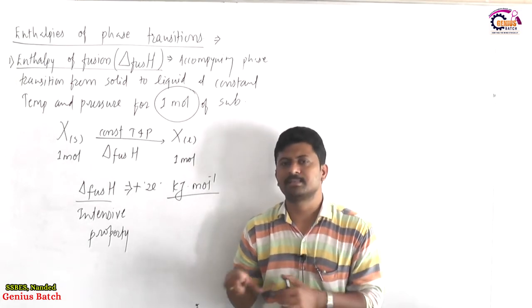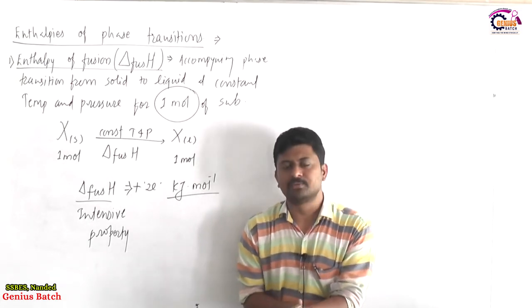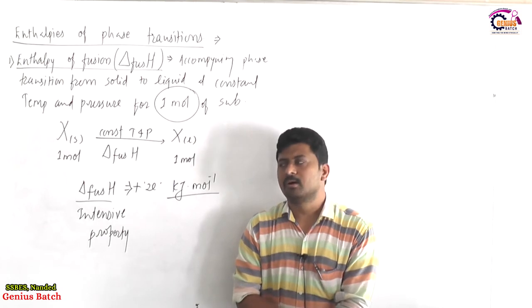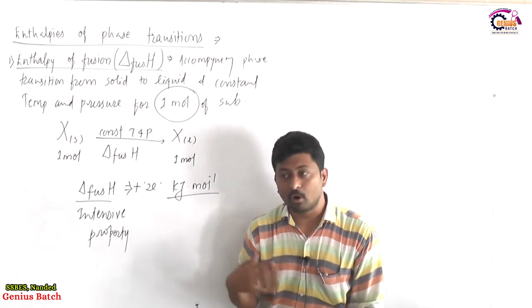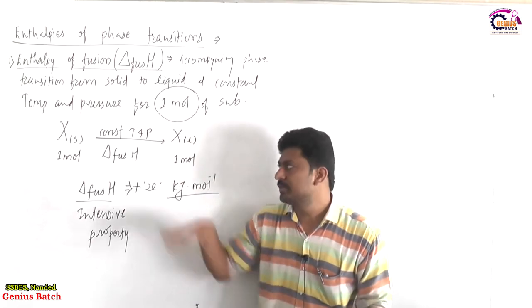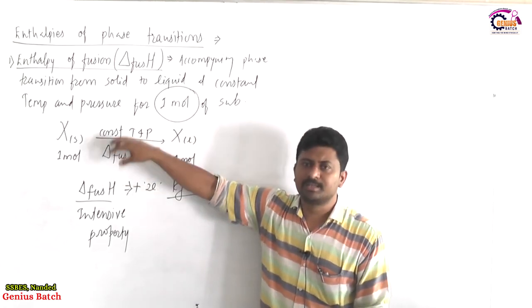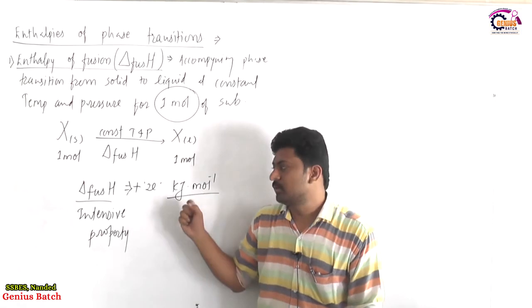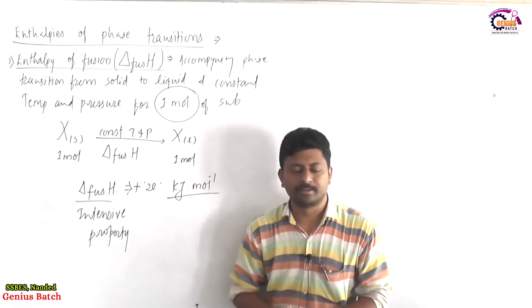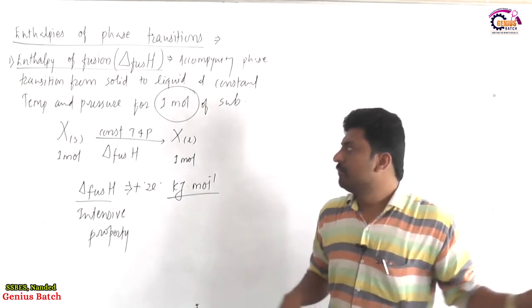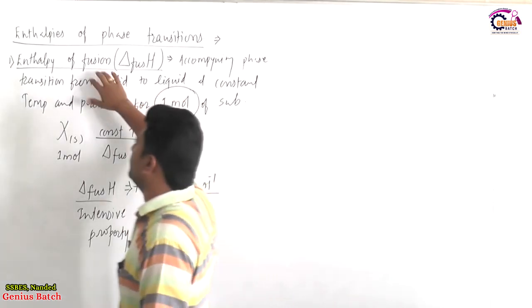This is a basic standard definition which we defined for 1 mole of a solid to liquid, and from here we could have the definition for all phase transitions. Therefore, we discussed it in detail, because from this we are going to derive all enthalpy changes in the same manner. So we have a clear definition of enthalpy of fusion.